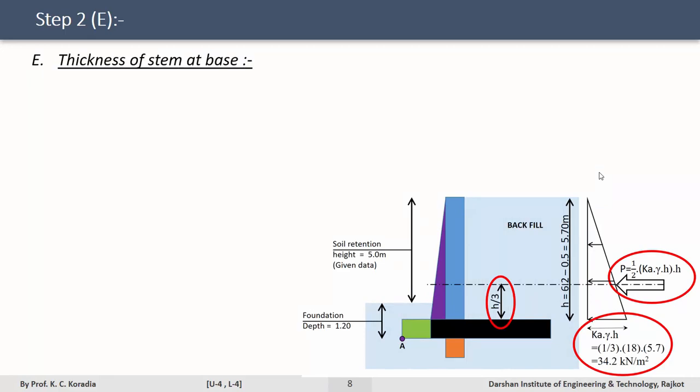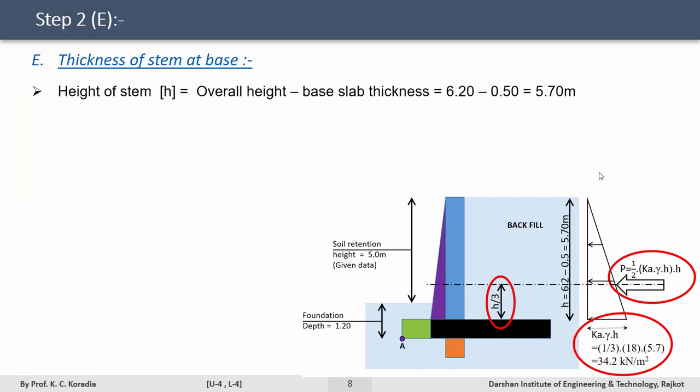The next step is to calculate the thickness of stem at base. Here, the height of stem can be derived by deducting the base thickness from the overall height of the retaining wall. We will get this height to be 5.7 meter.